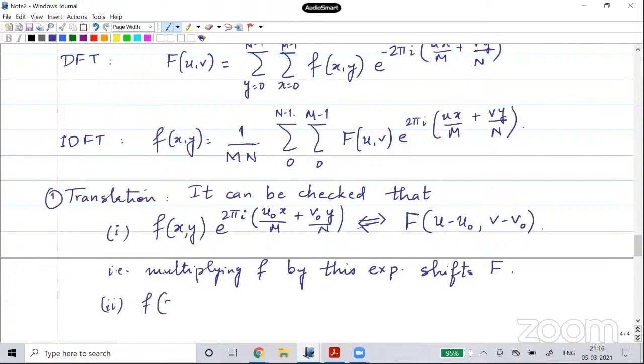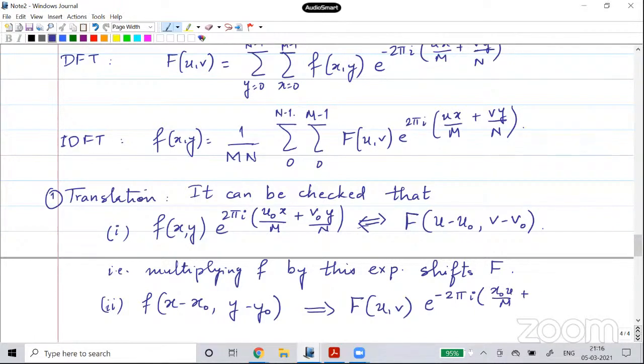Second, if I do the shifting here, f(x minus x0, y minus y0), and then apply the discrete Fourier transform, then we get this e raised to 2 pi i (x naught u by m plus y naught v by n).